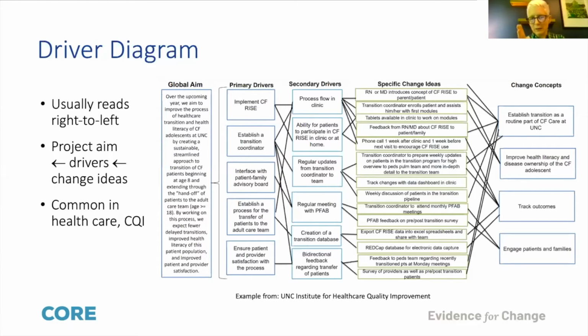Sometimes they take a step back from that and ask what the secondary drivers are that are driving the primary ones, etc. These are pretty common in clinical healthcare quality improvement circles. The Institute for Healthcare Improvement, or IHI, uses driver diagrams. Lots of folks may have run across these or have a preference for these. So these are another way to go about this.